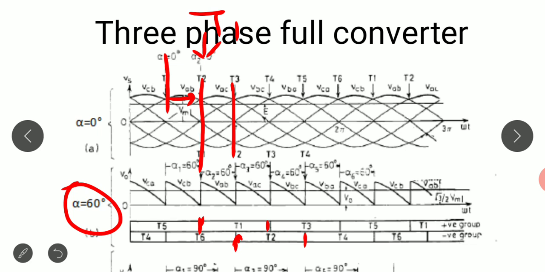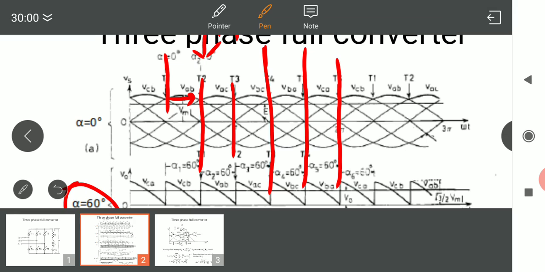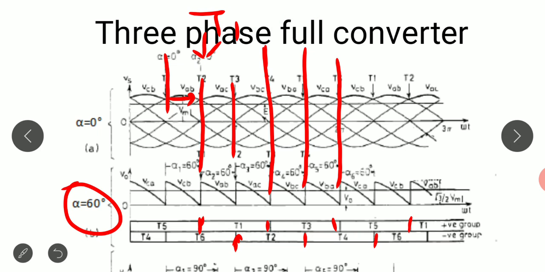Similarly, T3 will be triggered at this instant and T3 will conduct for 120 degree. T4 will be triggered at this instant and T4 will conduct for 120 degree. T5 will be triggered at this instant and T5 will conduct for 120 degree.